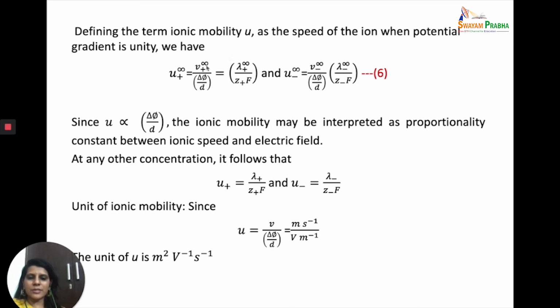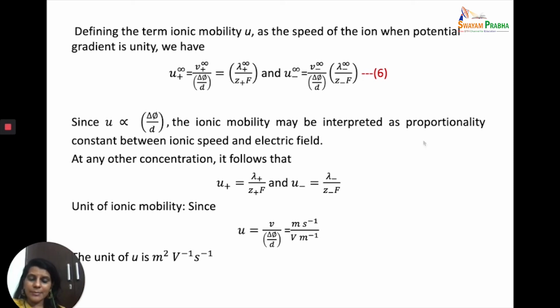Now if this was done at infinite dilution, if this was done at any other concentration, then U plus can be written as lambda plus upon Z plus F, and U minus is equal to lambda minus upon Z minus F. That means the molar ionic conductivity is related to the ionic speed or ionic mobility.